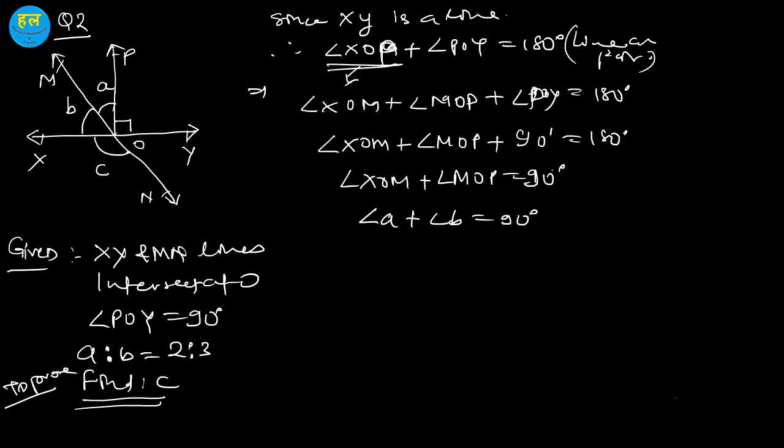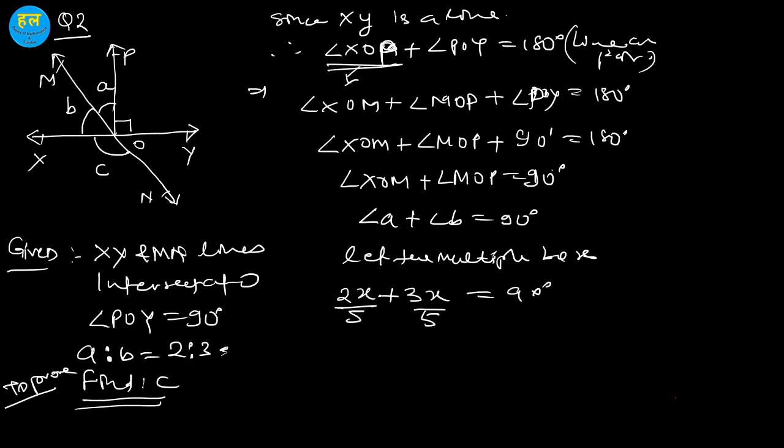And another information given in the question is A ratio B is 2 by 3. So let us consider, let the multiple be x. Okay, so we assume that the multiple is x. So 2x plus 3x by 5 is equal to 90 degree.